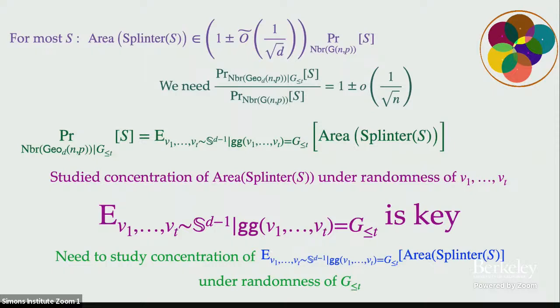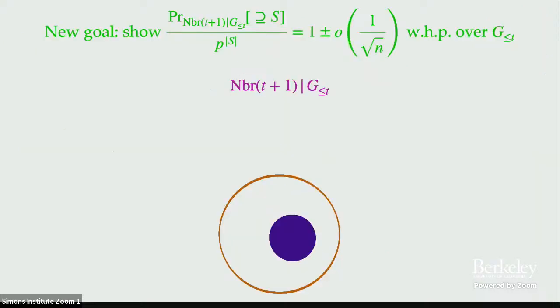In the rest of the talk, we still have time to go through what changes in this argument when we have to condition on G_T. But maybe before that, to make the presentation easier, I secretly relaxed the ratio we want to get. Before, I said the ratio we want is when the neighborhood is exactly equal to S, the ratio between the two different models.